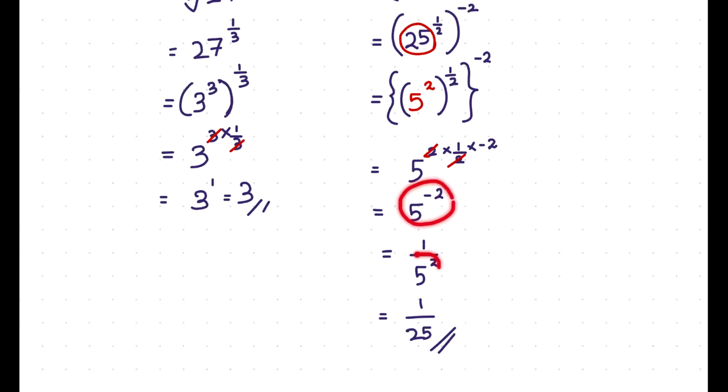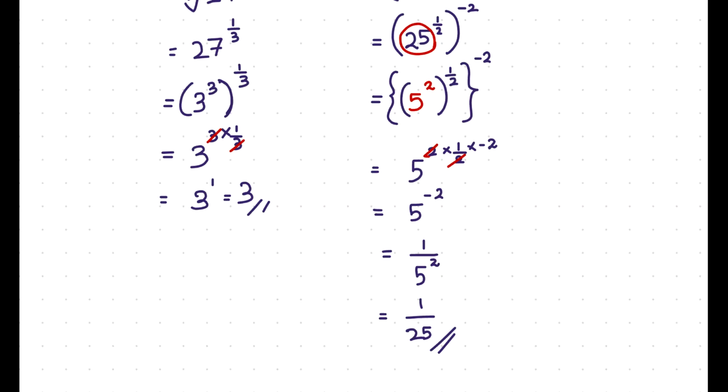When I bring it to the denominator, the sign of the index changes. Now here the sign is minus. Now when I bring it to the denominator, the sign becomes plus. So I write like that.